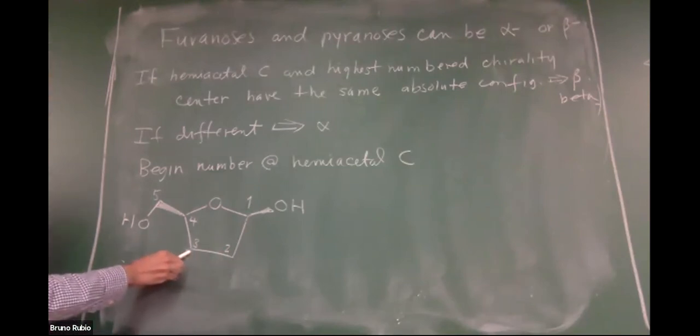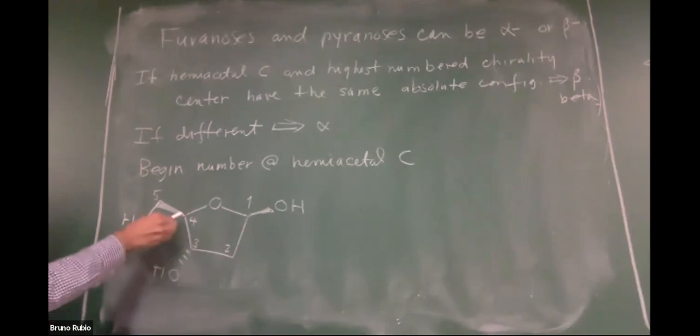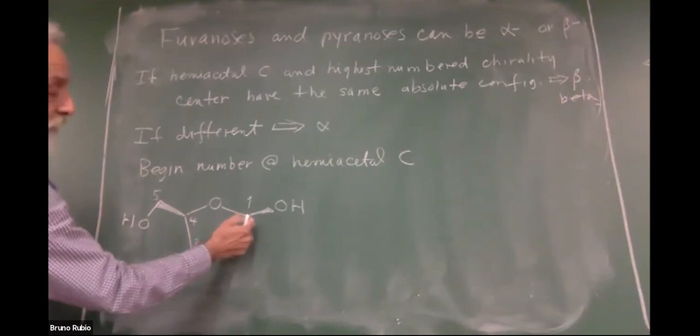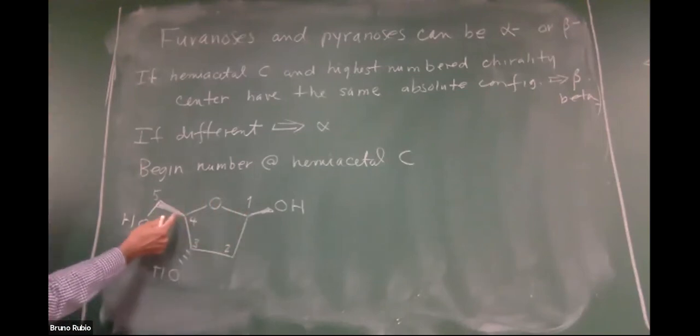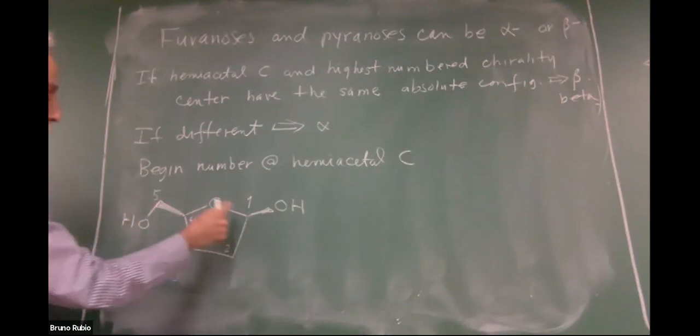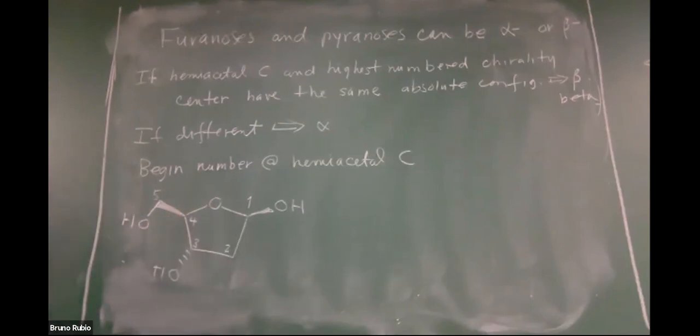Yes, but it's not the highest numbered chirality center. This is. So our task now is to figure out what is the absolute configuration here and what is the absolute configuration there. Carbon 5 is not a chirality center. What's the absolute configuration at 1 and what's the absolute configuration at 4? And if they're the same, we've drawn the beta. And if they're not the same, we've drawn the alpha.